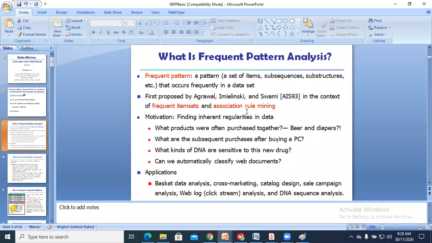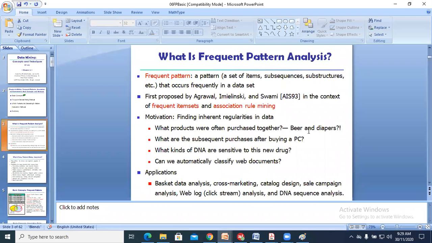So there is certain motivation behind this. One motivation is you want to find out which products are frequently purchased together.